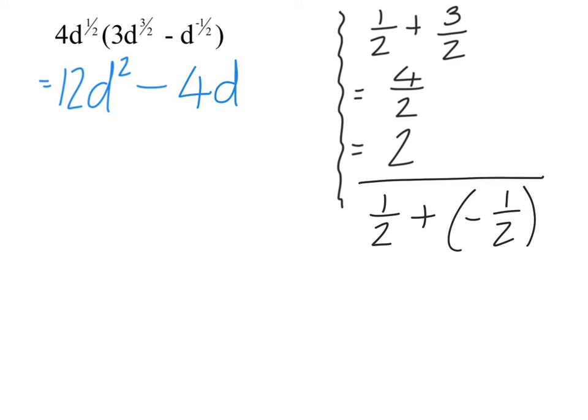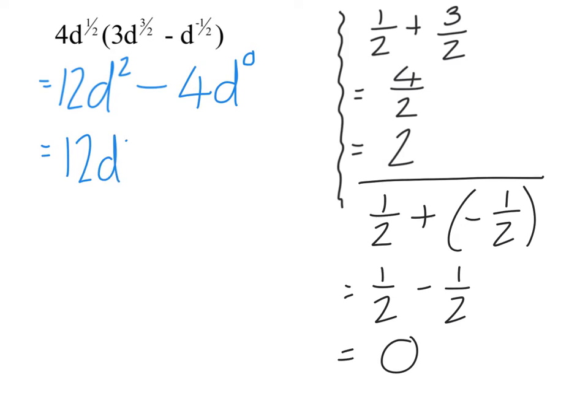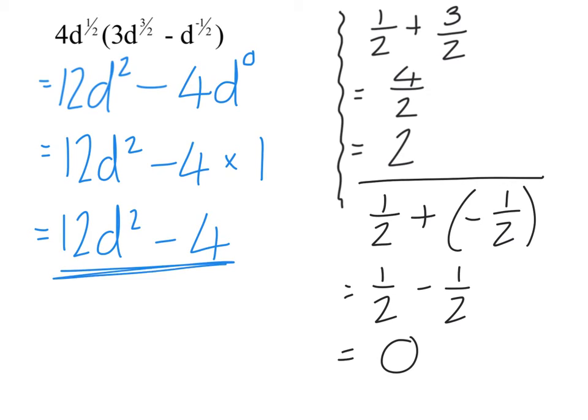When you add a negative, it's a subtract, so it's a half take away a half, which leaves us with 0. So our power on the d is 0. That gives us 12d squared, take away 4 multiplied by d to the power of 0. Anything to the power of 0 is 1. So that becomes 12d squared, take away 4. That's our final answer and the end of the question.